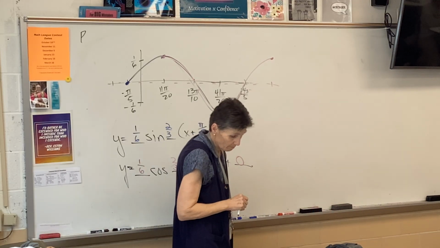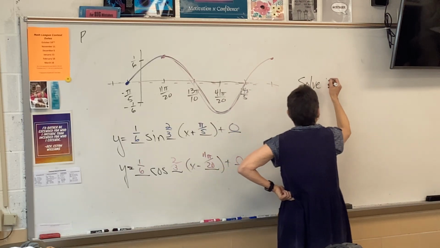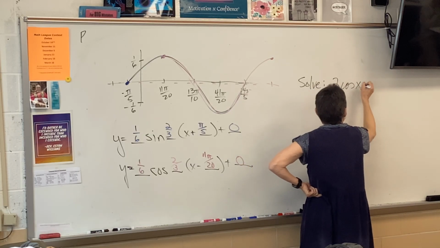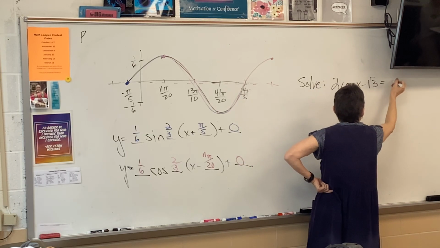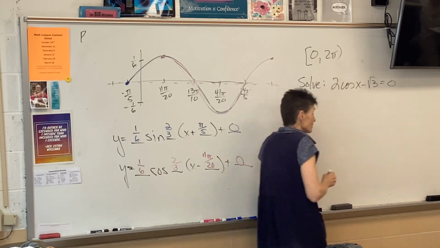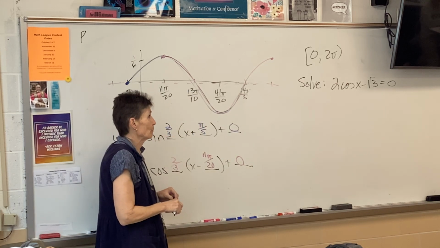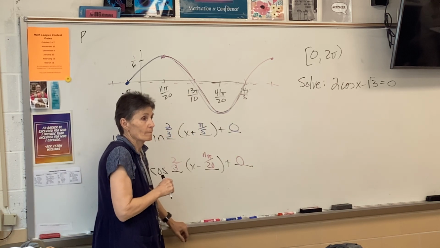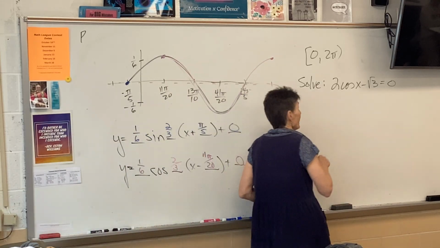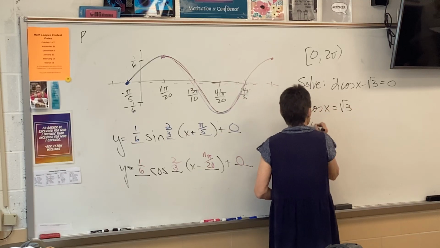I'll just throw one up here. There we go, solve it. That'll solve 2x. Divide 2. Well, first I would add the root 3, which will then give you, and then I'll divide by 2.